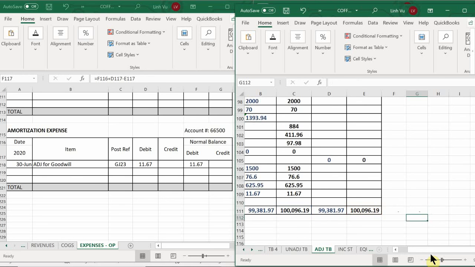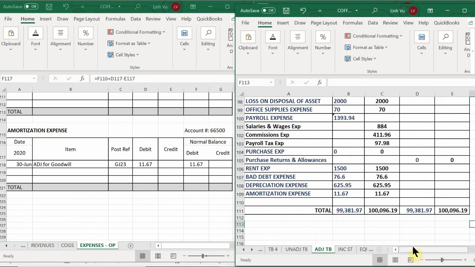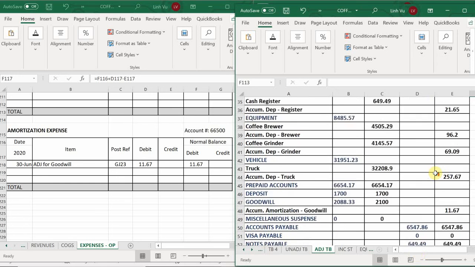They're both 0, and let's look: 99,381.97 for my main accounts and 100,096.19 for all accounts. So we panned out even, no discrepancies here, and we are completed with the adjusted trial balance.